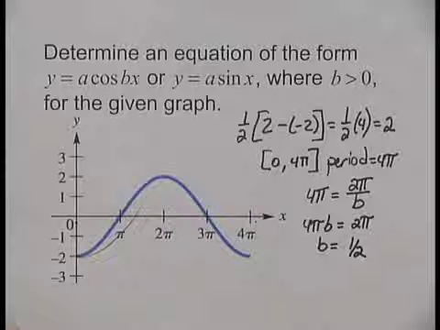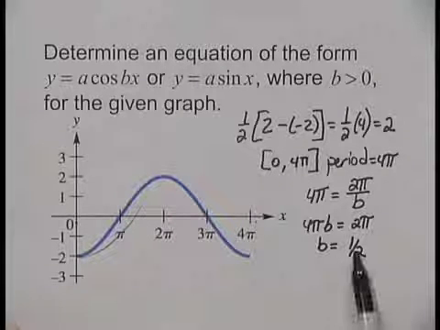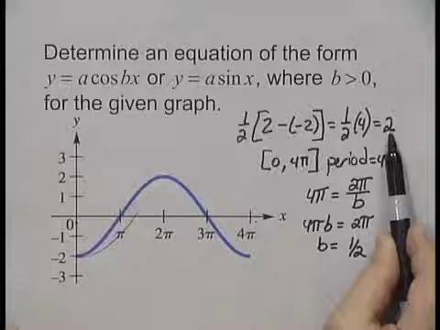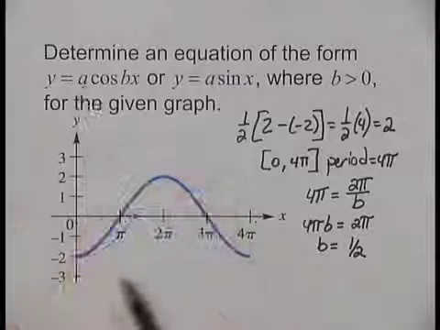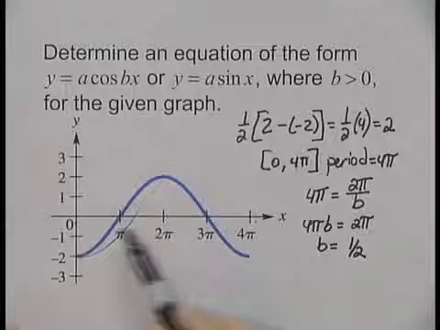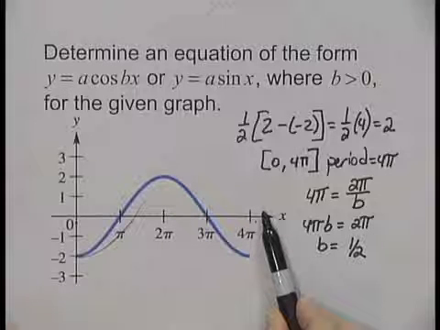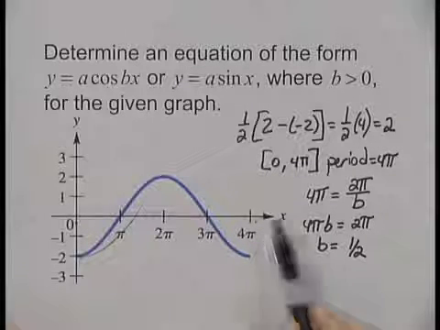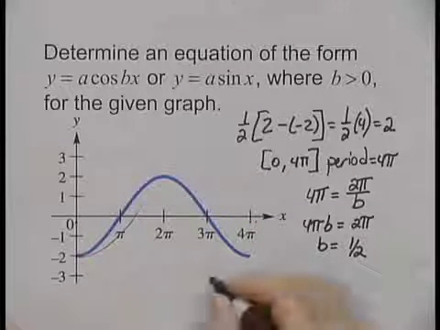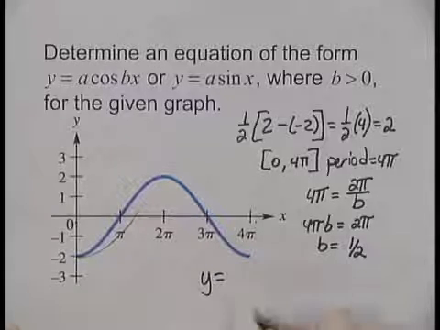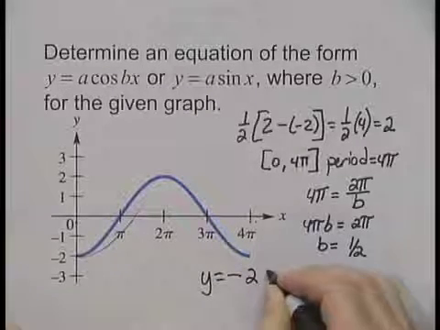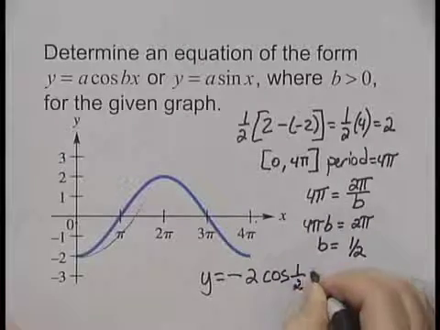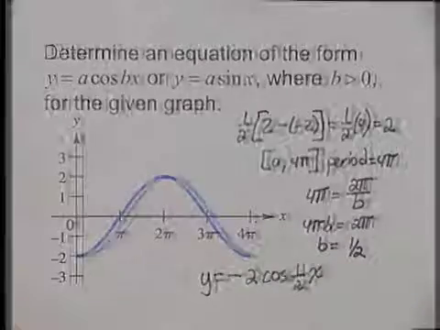We can now write the equation for this graph because we've determined b, which is 1/2, a, the amplitude here, and we said that it was the graph of the cosine reflected about the x-axis, which means we'll put the negative in front of the amplitude 2. So we have the equation y equals -2 cosine 1/2 x.